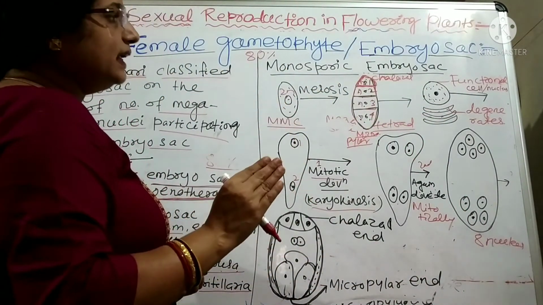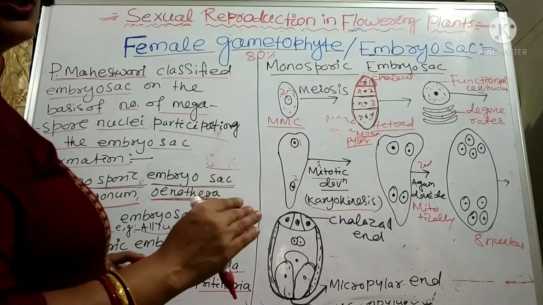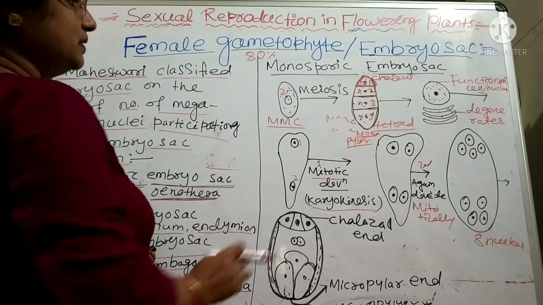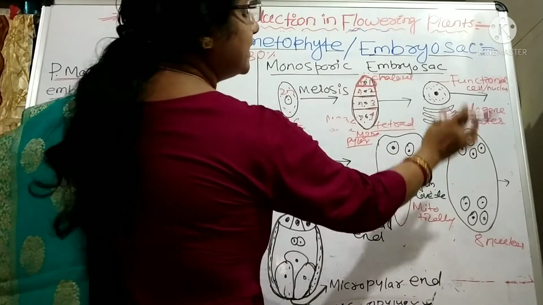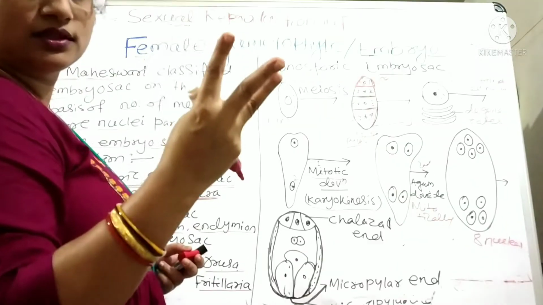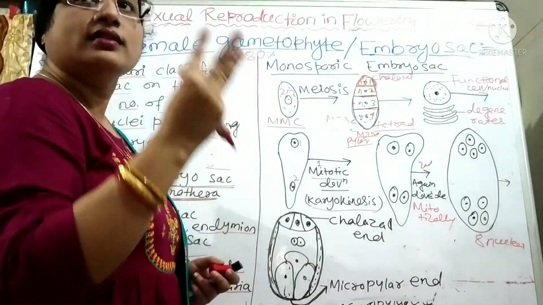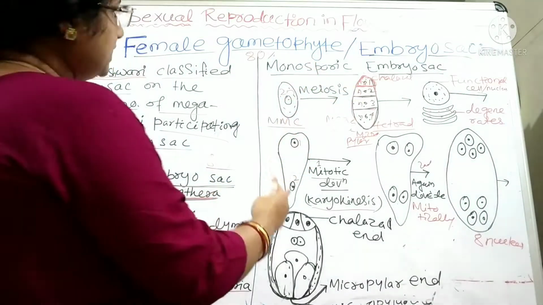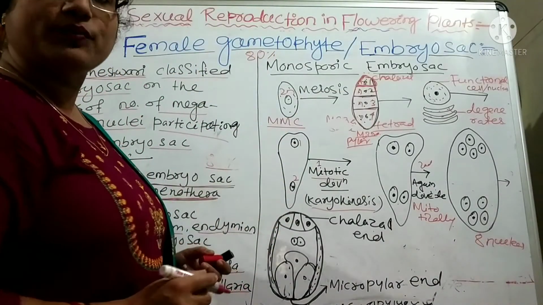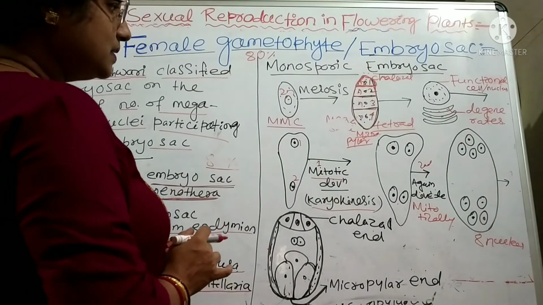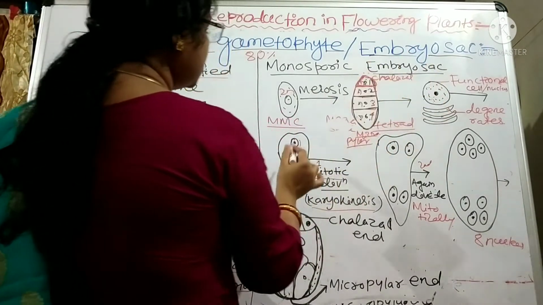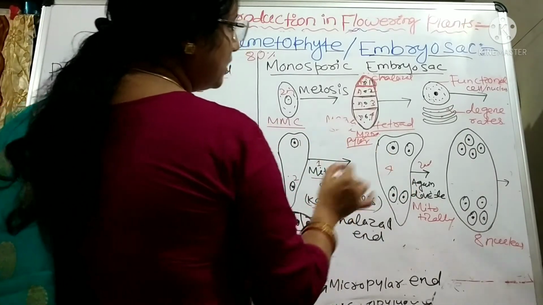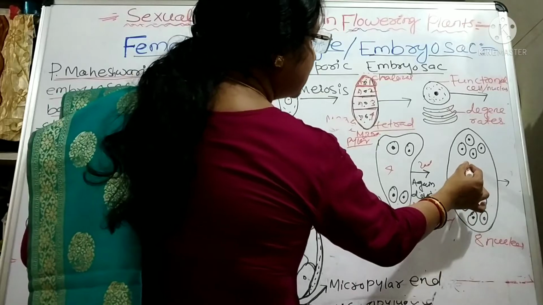So how many mitotic divisions occur in the formation of the female gametophyte? First, second and third: 3. You have to remember this. 3 mitotic divisions occur in the formation of the female gametophyte or embryosac. First, 1 nucleus divides into 2, second, 2 nuclei divide into 4, and third, 4 nuclei divide into 8.